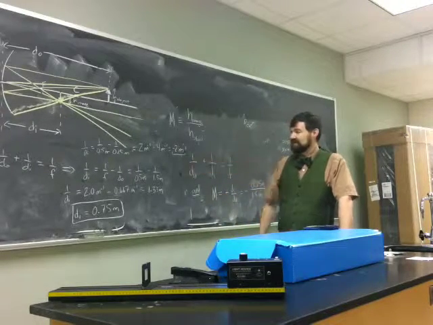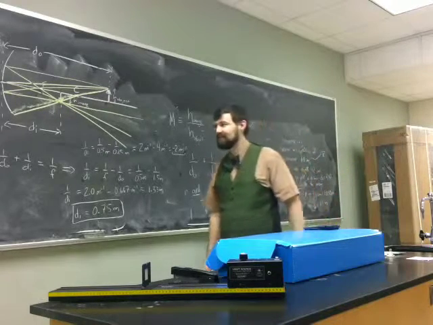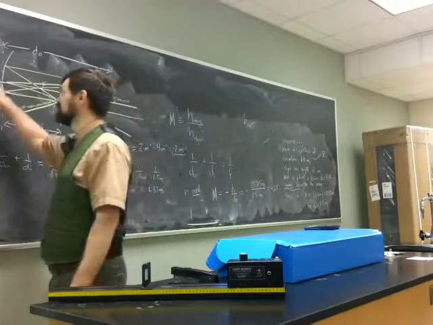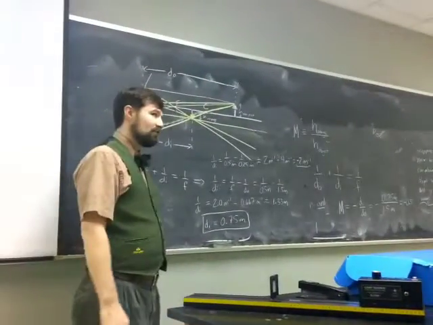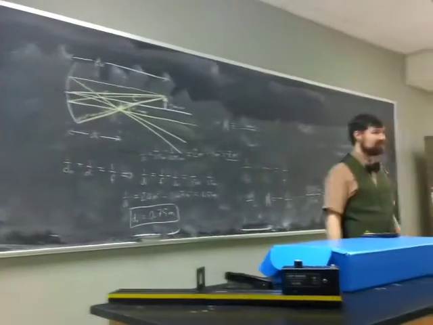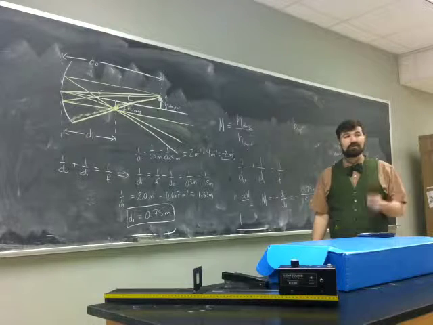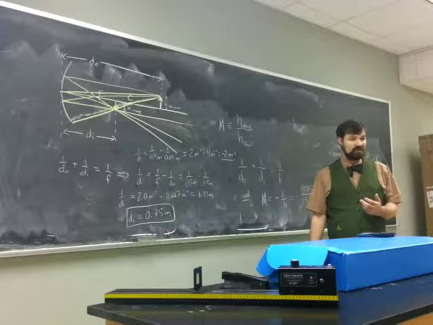So this right here will give us a virtual image. Means the image will be formed back here somewhere. Now here's a few things to note about these images. If it's a real image, it will be inverted. If it's a virtual image, it will be upright.